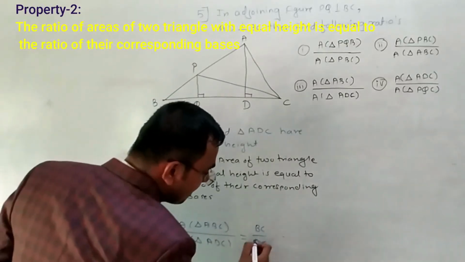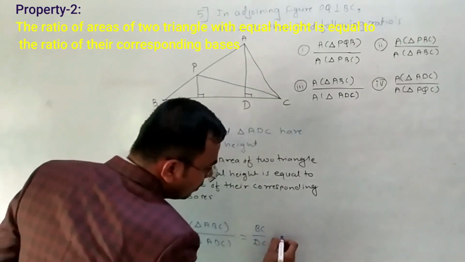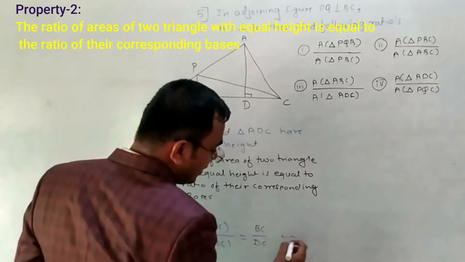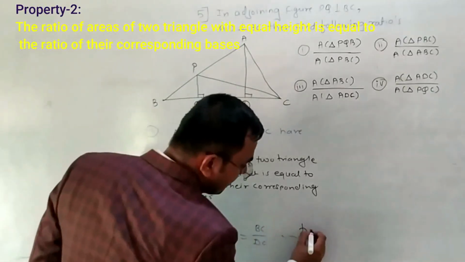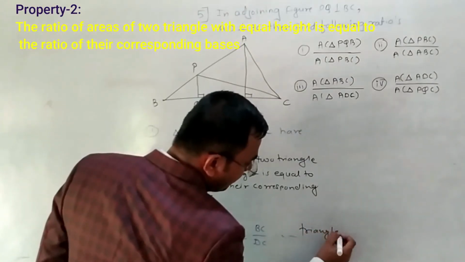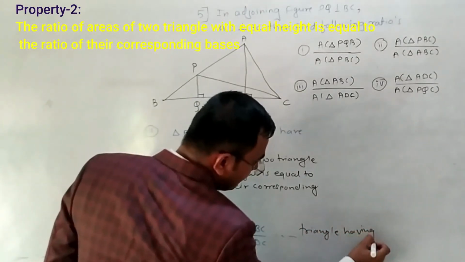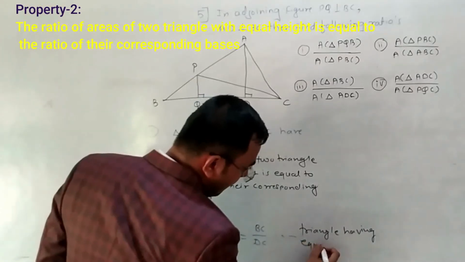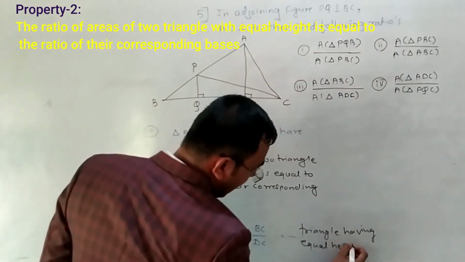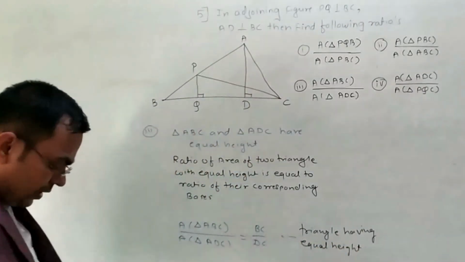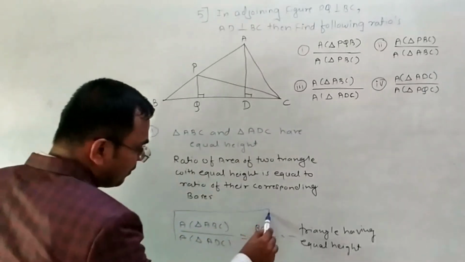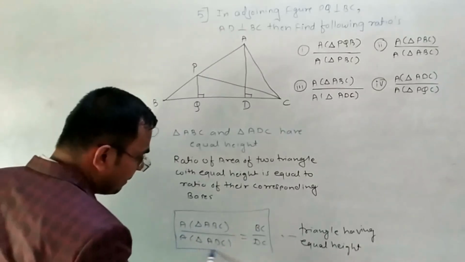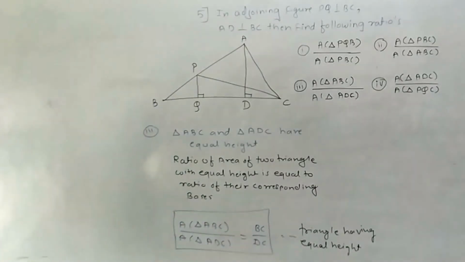You can write here the property: triangles having equal height, therefore their ratio corresponds to their bases. Write down this. We'll move to sub question number 4.